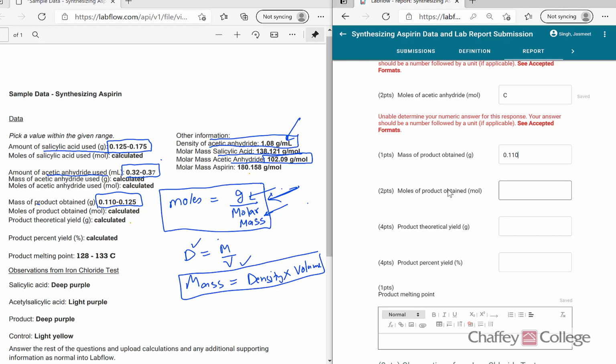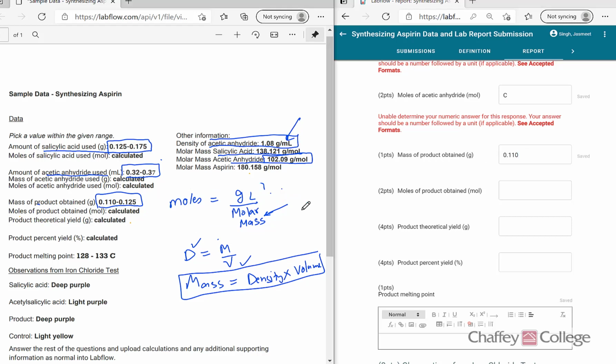Next is moles of product obtained, and the formula is still the same. So this is the formula. Moles of anything can be calculated. Grams are given to us, so if we know the molar mass of the product, we should be able to calculate the moles. Fortunately, the molar mass of the product, which is aspirin, is also given.